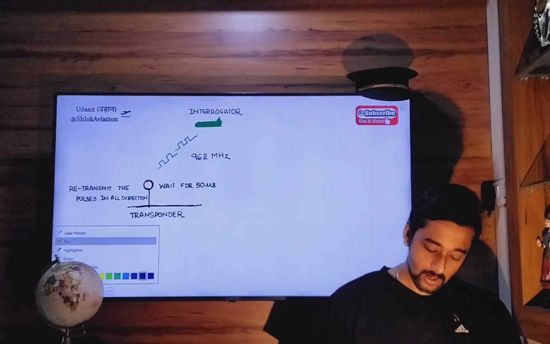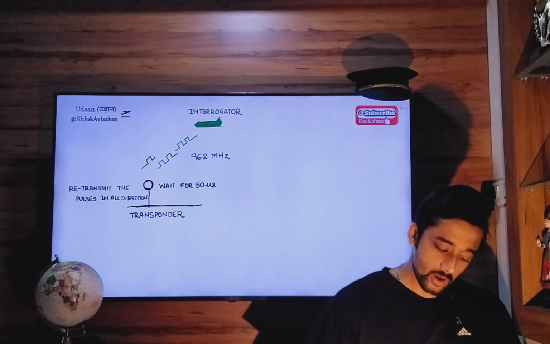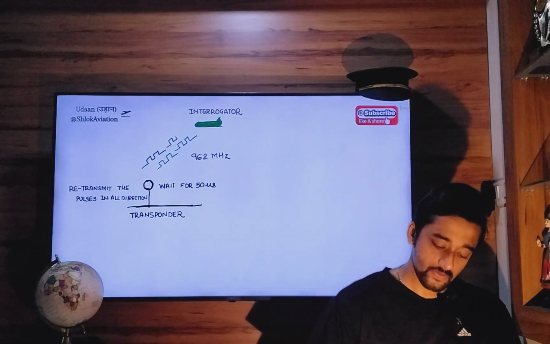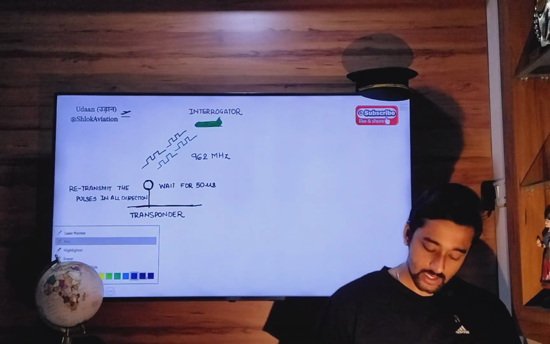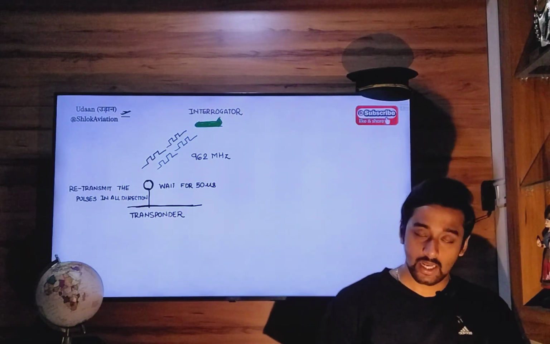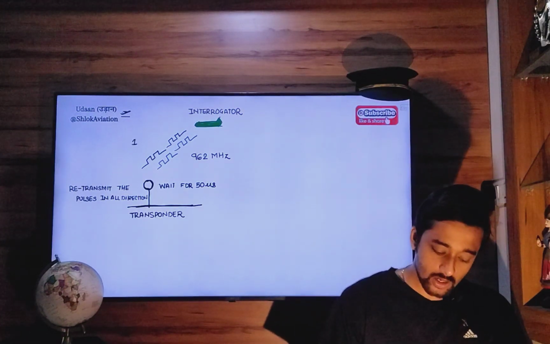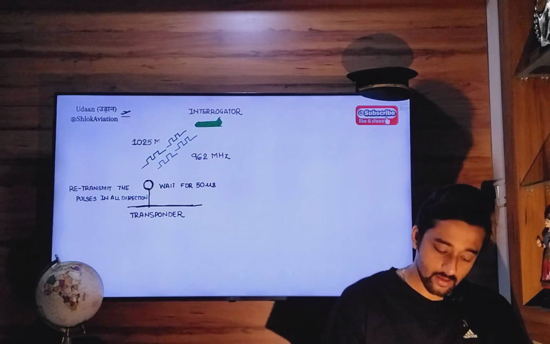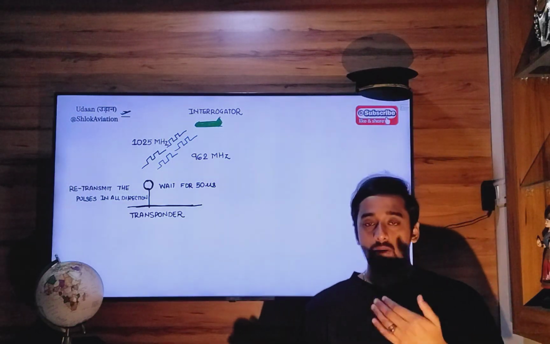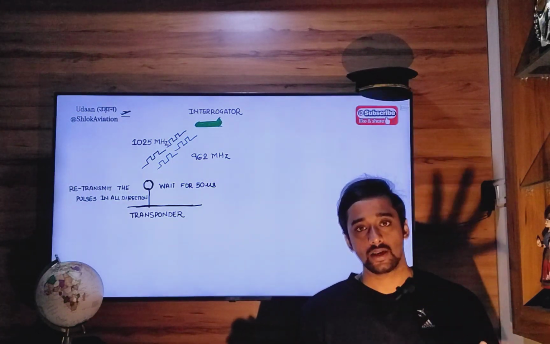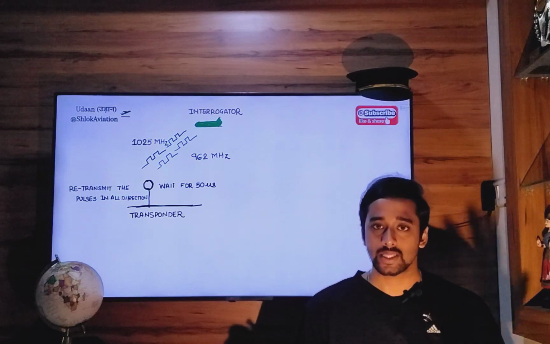So the reply pulses will be going back to the aircraft at a different frequency, let's say 63 megahertz difference. So 962 plus 63 is 1025. Okay, so always the reply frequency will be plus 63 megahertz or minus 63 megahertz.